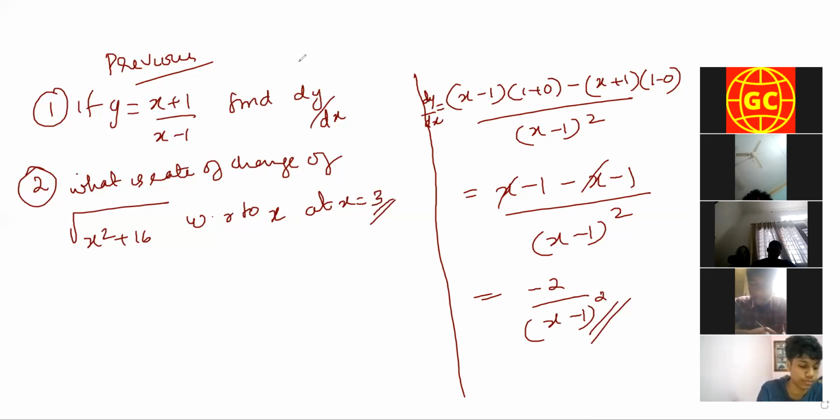Second one, please do. Rate of change means nothing but derivative. I have given the definition, no? What is derivative, differentiation? I gave the definition for differentiation in the beginning of the chapter, isn't it? It is used to find rate of change.